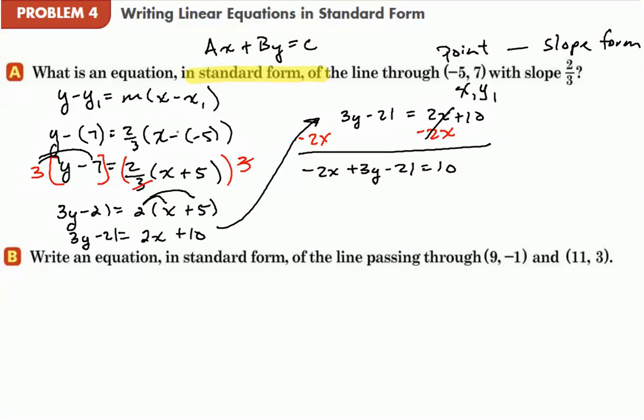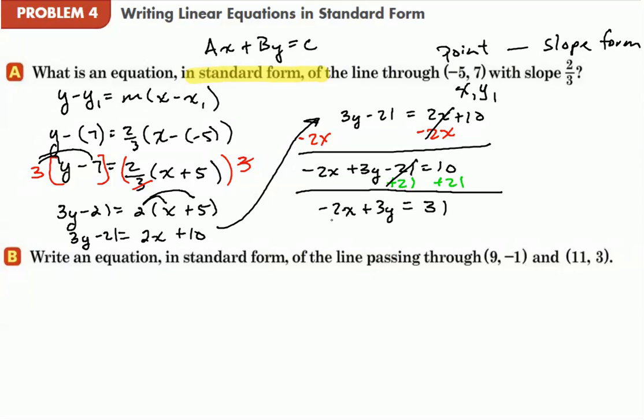And now we want to move the 21 over by adding 21. The 21's cancel. I'm left with negative 2x plus 3y is going to equal 31.